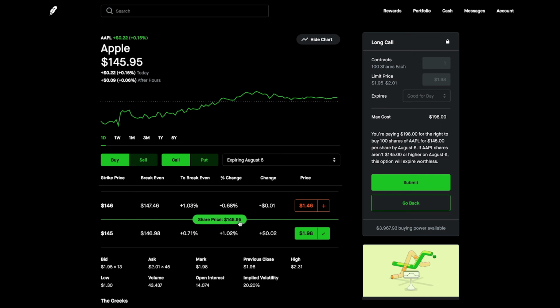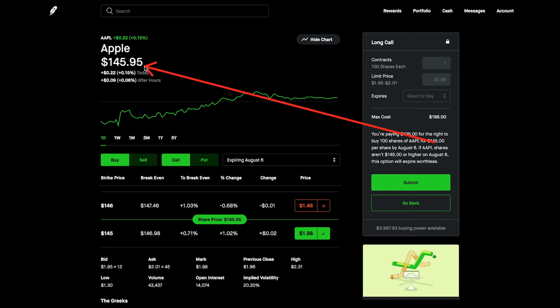Notice that Apple is currently trading at $145.95 per share. So if we were going to buy it at $145, but Apple is currently trading at $145.95, that means we would buy Apple cheaper than what it's currently worth.